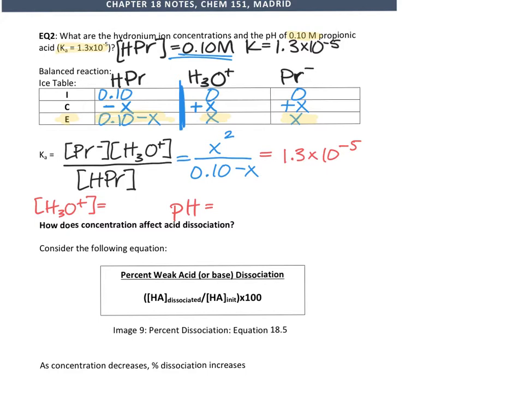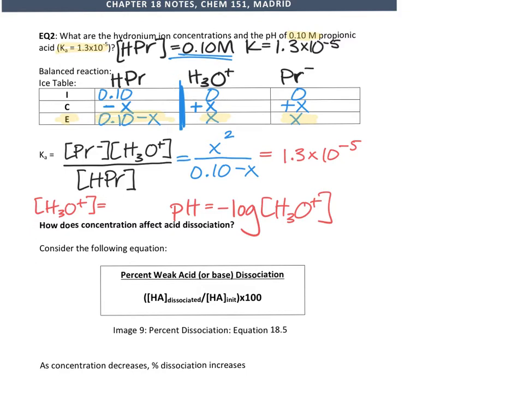Let's go back to our ice table. It's always helpful to do that. Look at where hydronium is. This is what we want to solve for, and notice at equilibrium it's X. So that's telling us again, we need to solve for X. Okay, we have to solve for what X is equal to. Then after that, if you remember your pH equations, pH is equal to the negative log of hydronium.